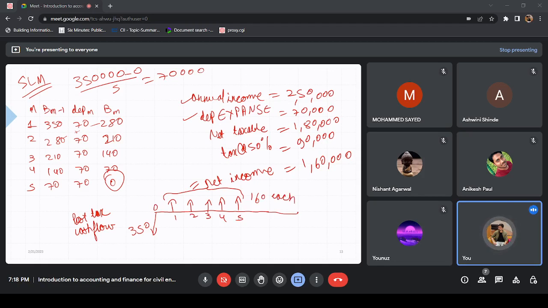Do you guys agree about this cash flow? Post tax cash flow, you saw how we draw it. Yes, sir.